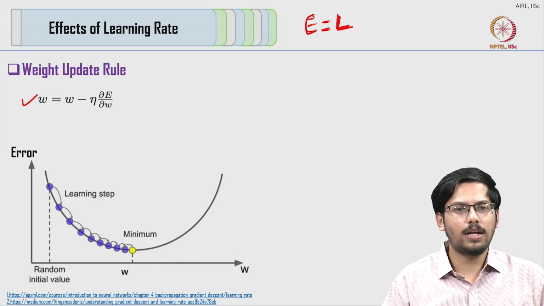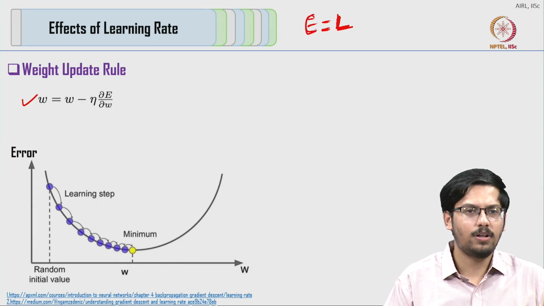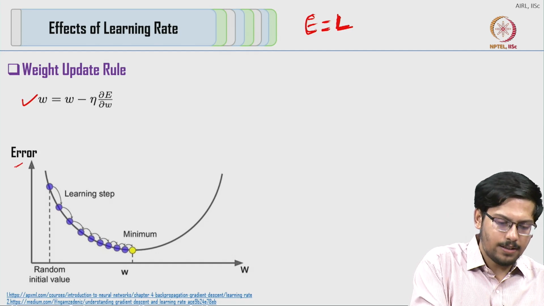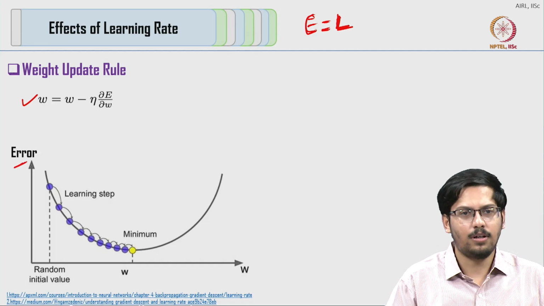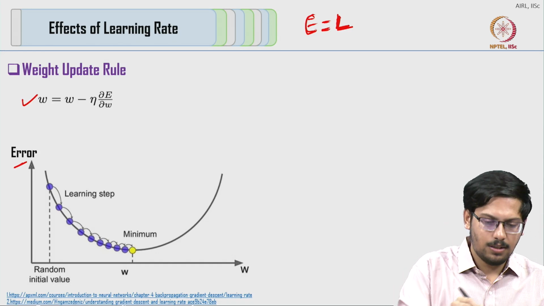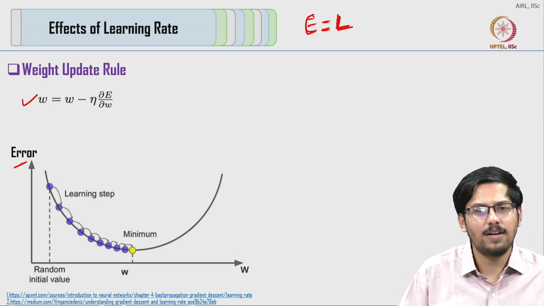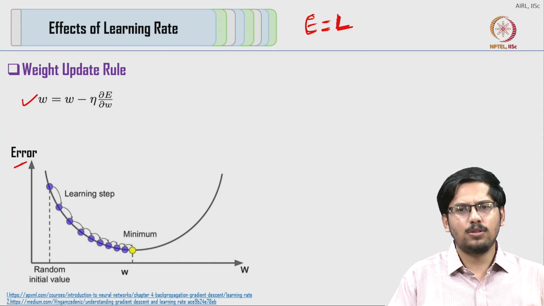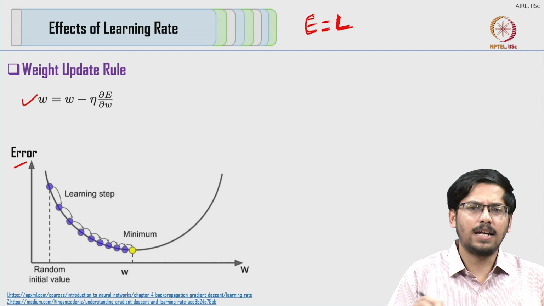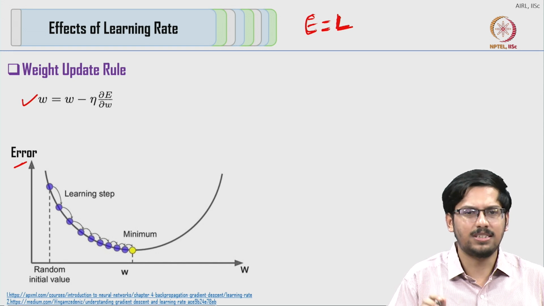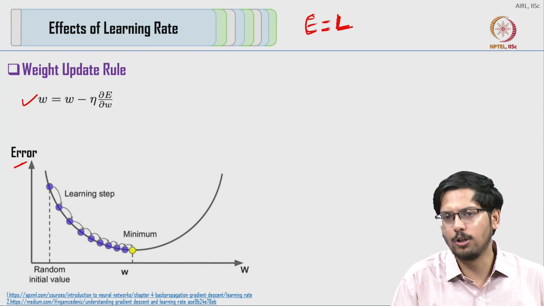Now if we look at the graph on the bottom left, we can see that there is a curve of error which we denote as E here, and on the x axis we have different weights. This is a simplification of the error surface we saw earlier, which is just focusing on W, which could be W1 or W2.